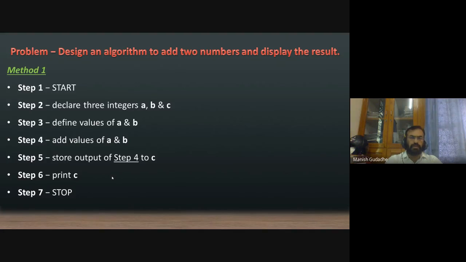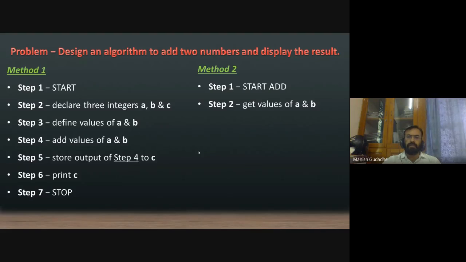This is one way of writing it, but can we have another way to write the same problem statement? We may. As per my understanding, I'll write: get values of a and b. I'll not specially mention declare three integers.